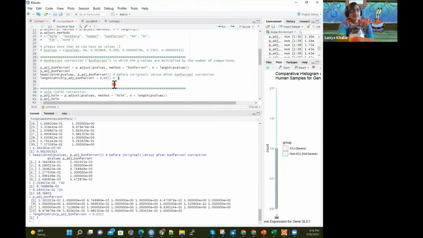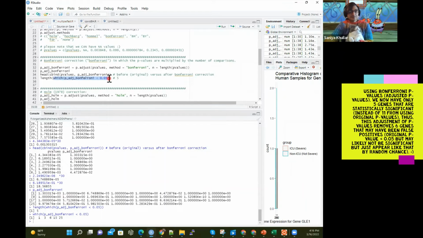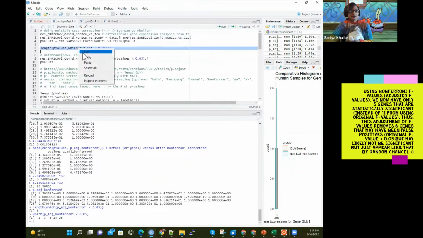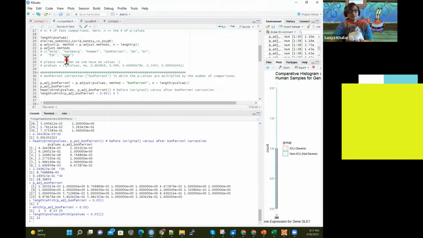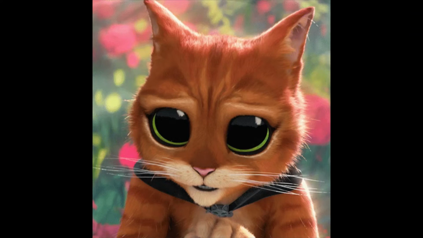We find 5 are the p-values that are less than 0.05 out of the 30. Whereas before, for the original p-values less than 0.05, we had 11. Now we just have 5 using the Bonferroni correction. So that's how you do Bonferroni correction.